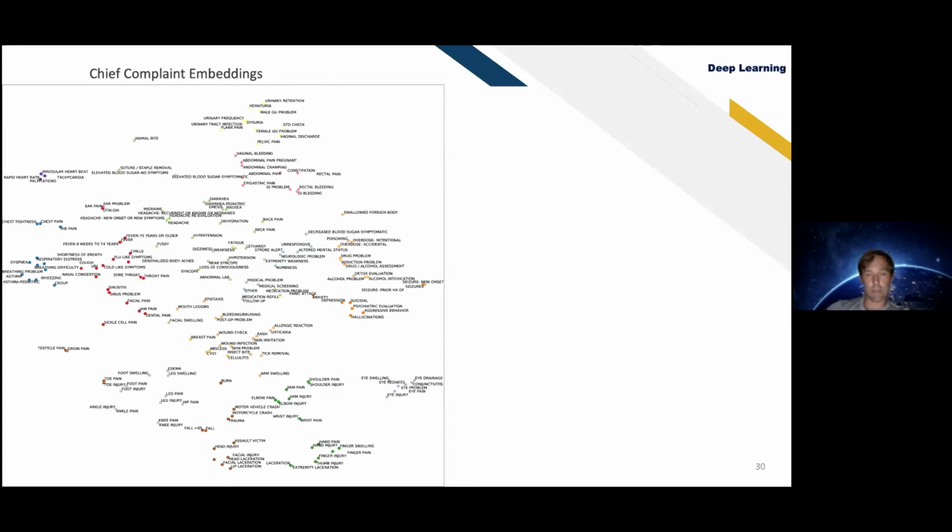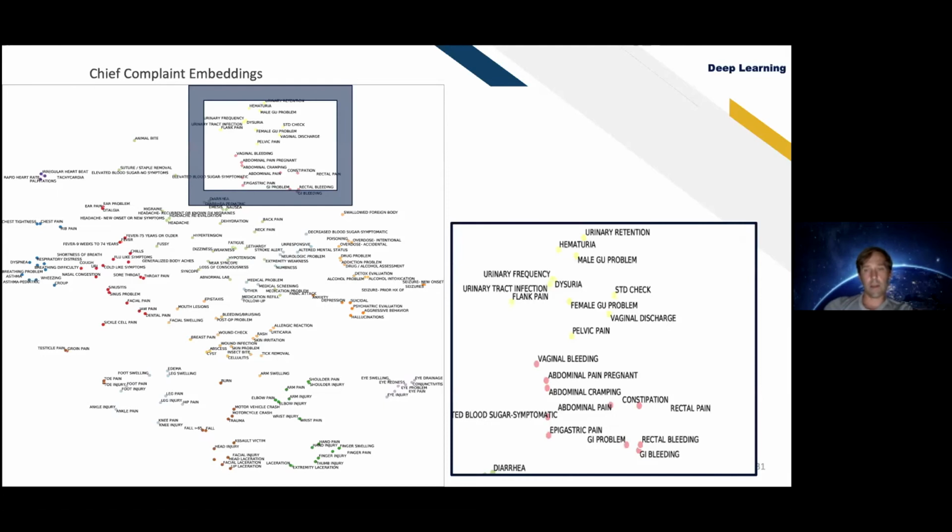You probably can't see the screen very well, so I'm going to blow up a section over here just to give you an idea. These embeddings we've mapped down to 2-dimensional space. Most of the embeddings might have up to 128 or 256 dimensions, but we map them down to 2 dimensions and put them out graphically over those 2 dimensions.